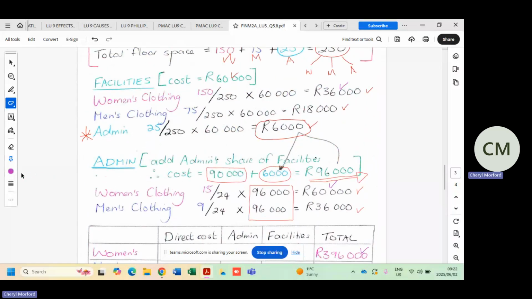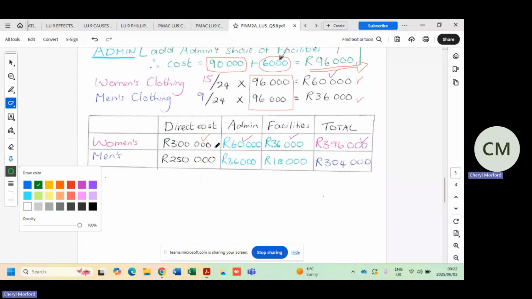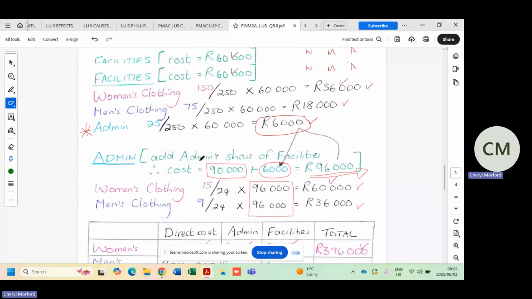Now we're going to do the last bit. We're going to look at the men's production department and start with its direct cost of 250. Then we're going to add the share of each of the service department costs that's been reassigned to the men's production department.